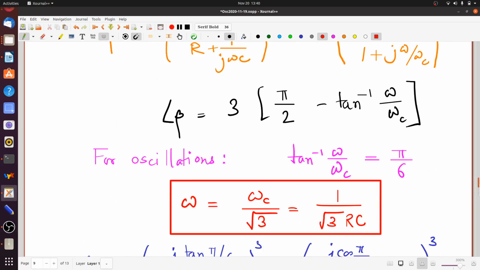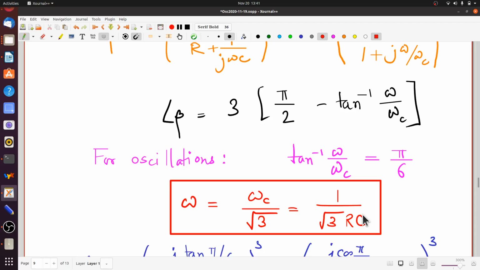Of course, that will happen when omega is omega c times tan pi by 6, which is omega c by root 3, 1 by root 3 RC. So the RC phase shift network where you have three RC pieces shifting the phase sufficiently for the thing to come back in phase with the input, has an oscillation frequency of 1 by root 3 RC.